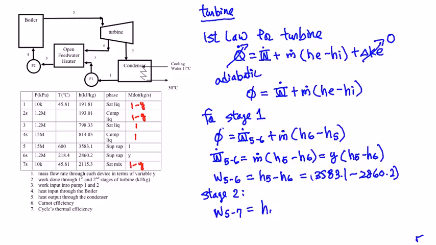Because this is going to be similar to what we did. 3583.1 minus 21.3. Okay? So this is it for the turbine.